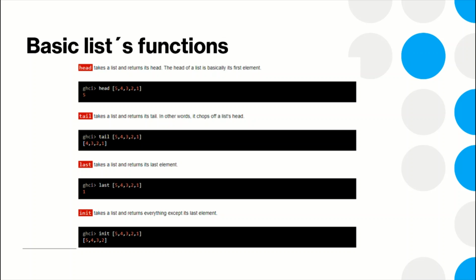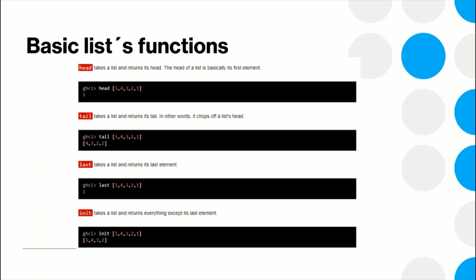So we have this example, the head of 5, 4, 3, 2, 1, and it returns 5. We have the tail function that takes a list and returns its tail. In other words, it chops off a list's head. So the tail of the list 5, 4, 3, 2, 1 is 4, 3, 2, 1.